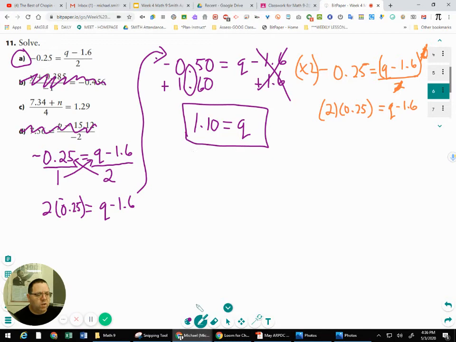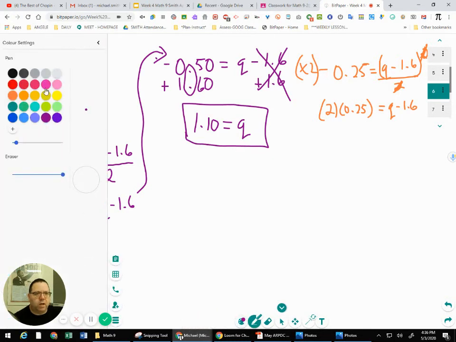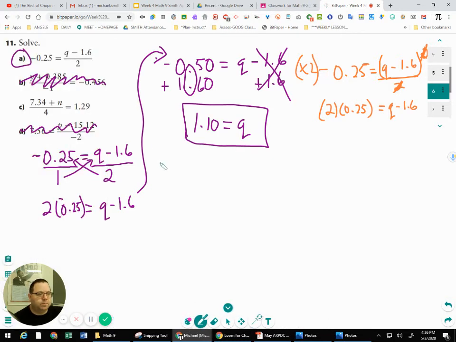Just for the heck of it, I'm going to check this answer. The last few videos I've been doing this without checking, so let's see if this actually works. Negative 0.25 is equal to 1.10 minus 1.6.